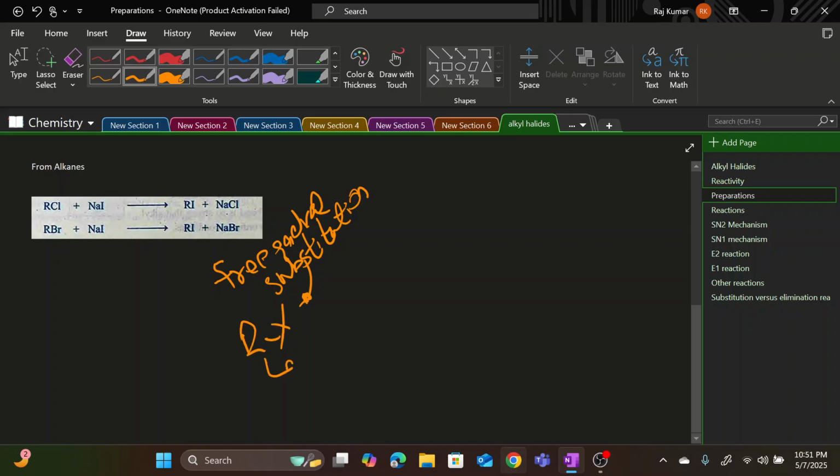But the problem with free radical substitution is that it can sometimes become overpowered, and alongside alkyl halides we can get di-substituted alkyl halides as well.